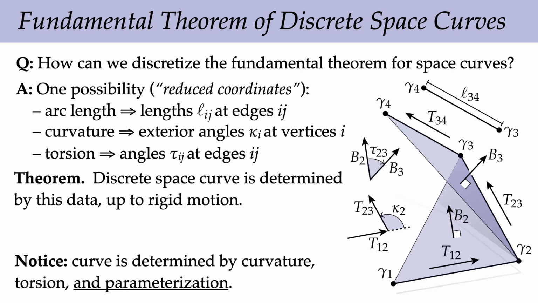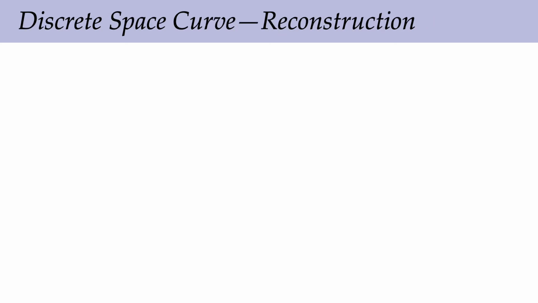Okay, so that's the statement, but I haven't really told you why it's true. So we can just play the same game as before. Rather than thinking of this as proving a theorem, we can just think about, how do I do this algorithmically?